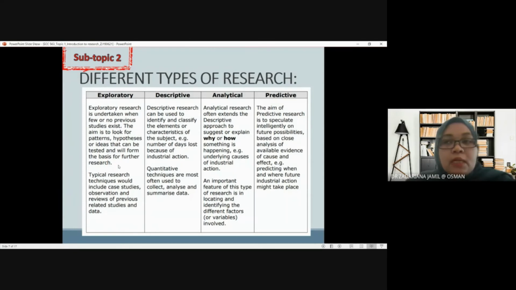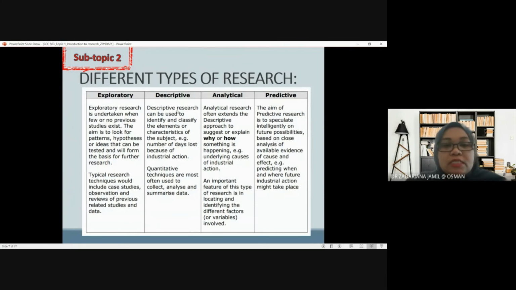For example, nowadays there is the problem with COVID. There was no previous study on COVID, so they did some literature review on viruses with more or less similar characteristics. They did some basic studies about COVID-19.